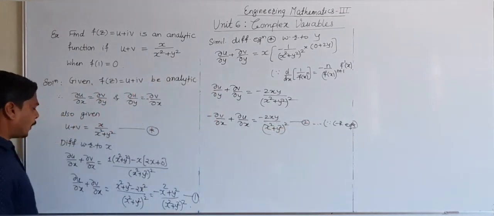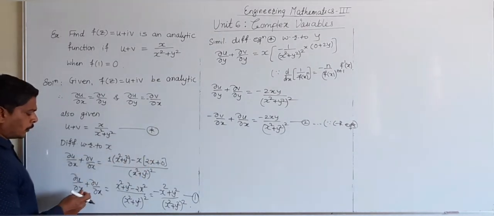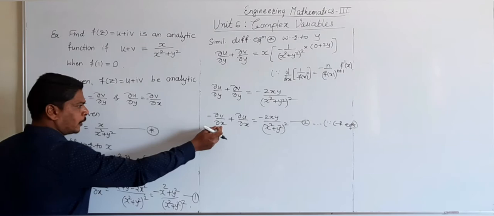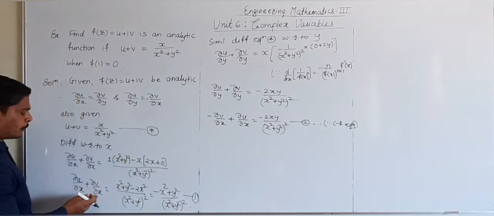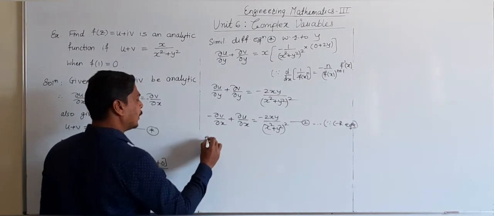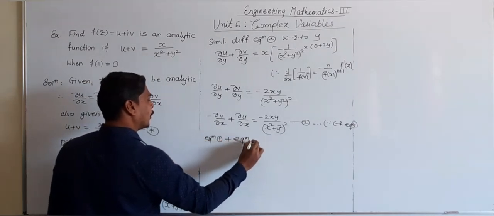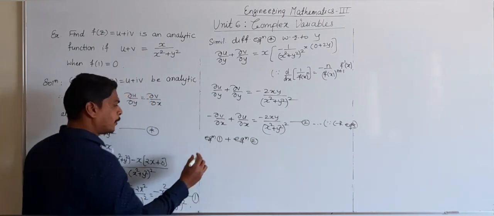Now eliminate the partial derivative term of v with respect to x from both these equations, and for that check the coefficient of the partial derivative of v with respect to x. Here the coefficient is plus 1, here the coefficient is minus 1. So directly take the addition of equations 1 and 2. The derivative term of v will be eliminated.